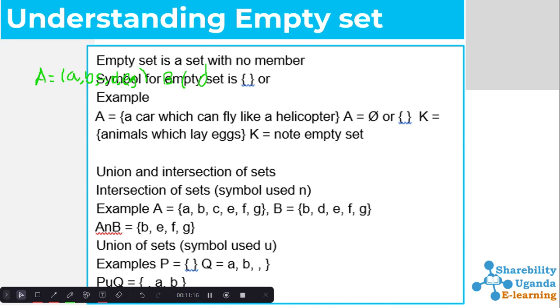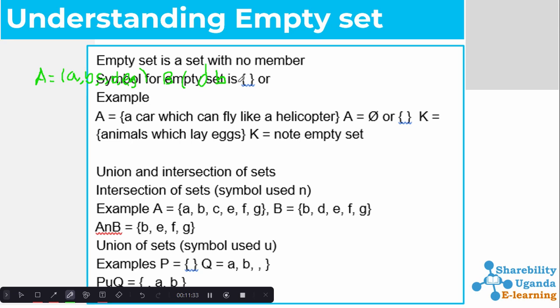In set B, we have a member called B. Okay, B is there.